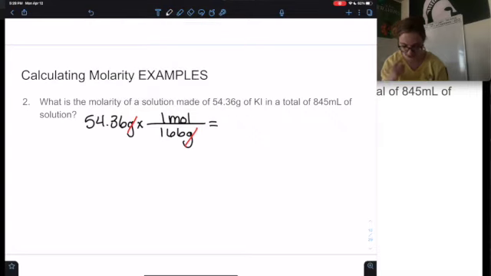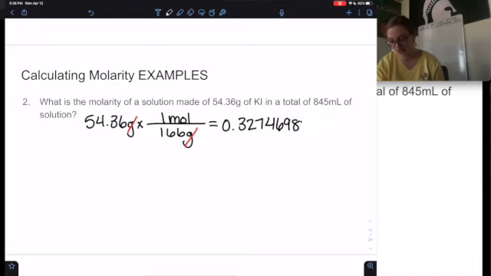I'm left with moles. And if I do that math, I end up with 0.327469879 moles.